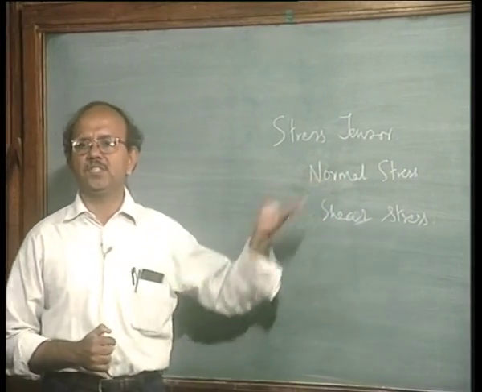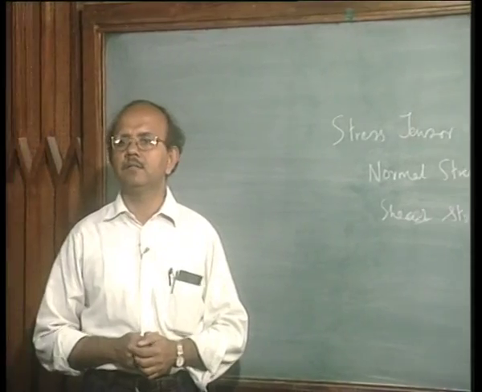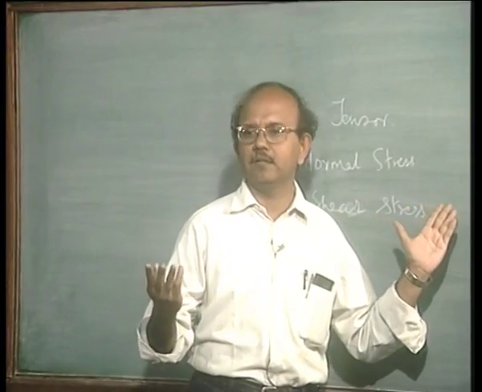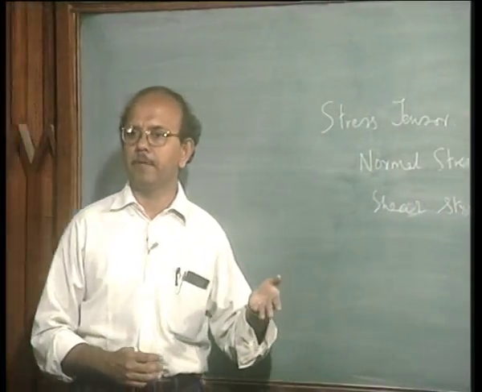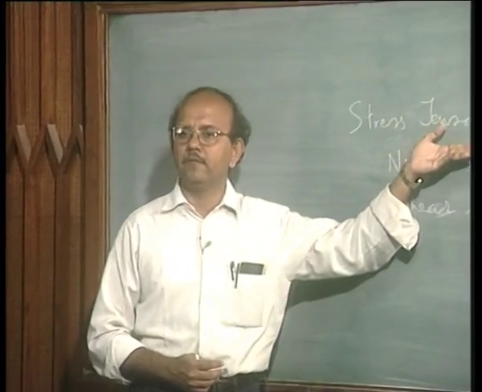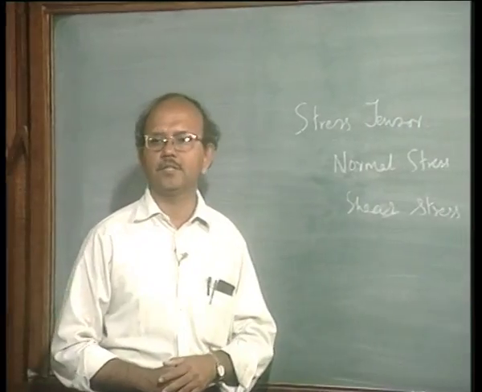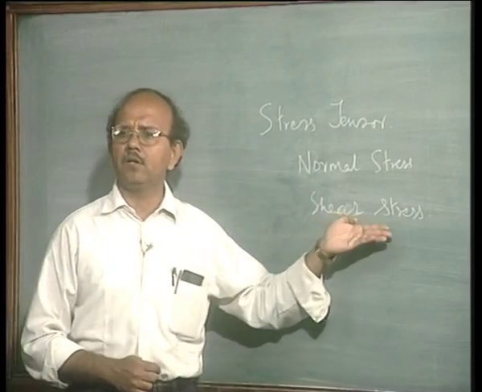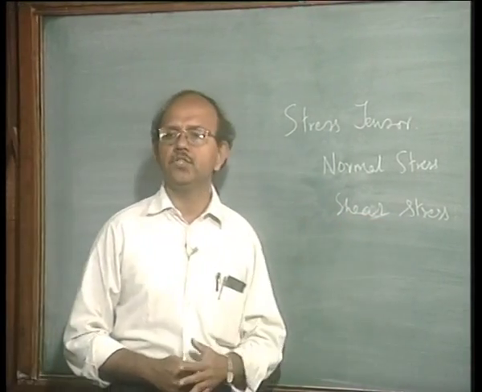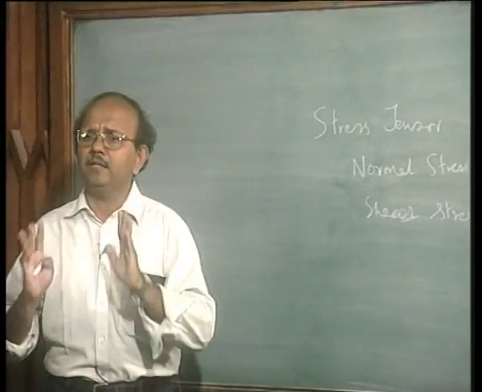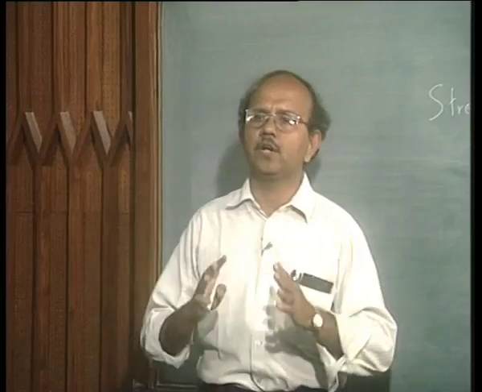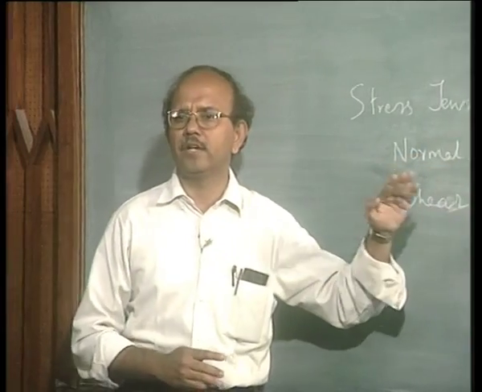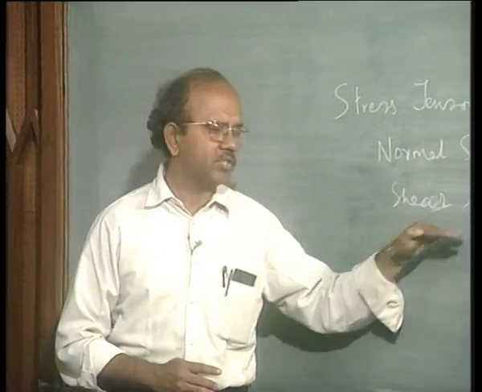The normal stress and shear stress are obtained by resolving the stress vector, which I obtain from the formula I derived from the stress tensor, either perpendicular to the plane, in which case I get the normal stress, or along the plane, in which case I get the shear stress. So we are right on the same path as what you would have studied. It is not that whatever you have studied is not right. We are on the same path, but we are putting it in a more rigorous fashion, that is all. So that is called normal stress and shear stress.